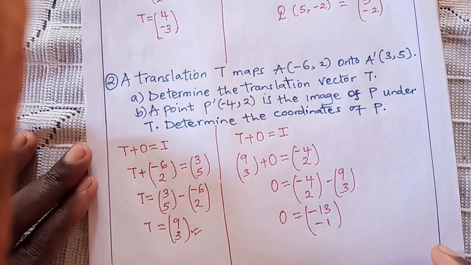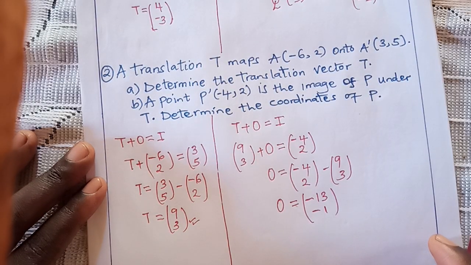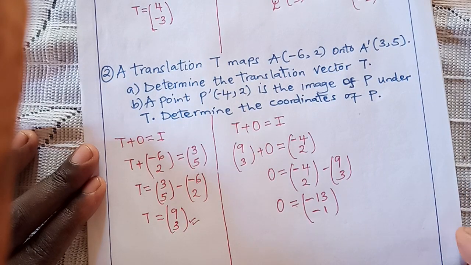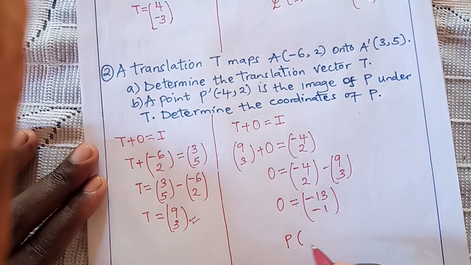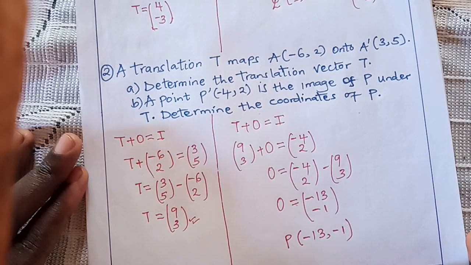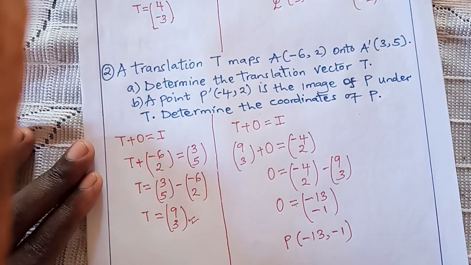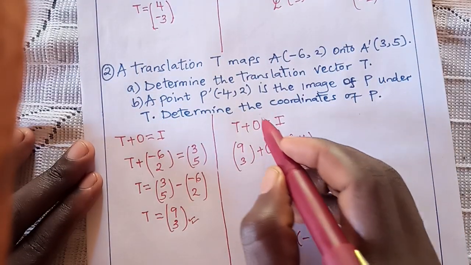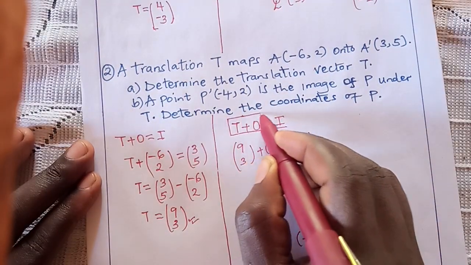So -13, -1 is our object coordinate, in other words, the coordinate for P. So our final answer is that the coordinate of P is -13, -1, and that is how we are supposed to work out these questions. So remember that T plus O is equal to I.